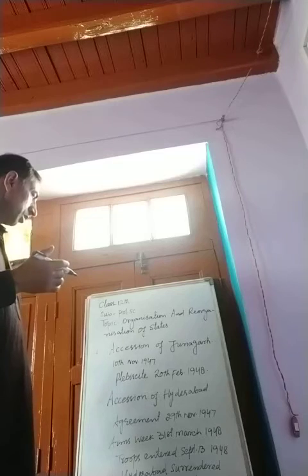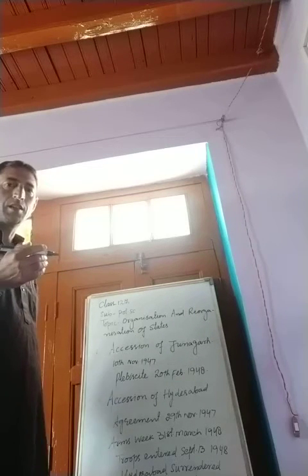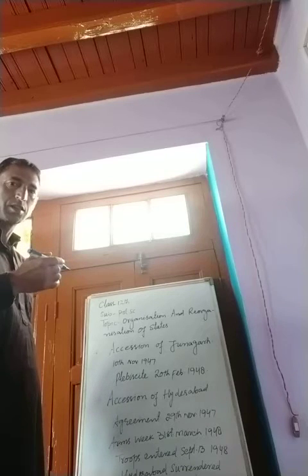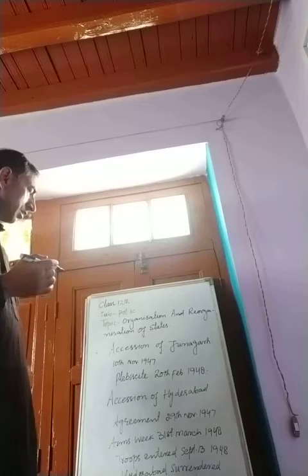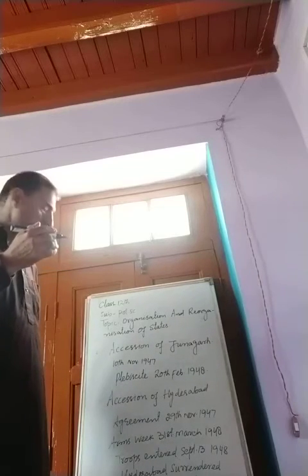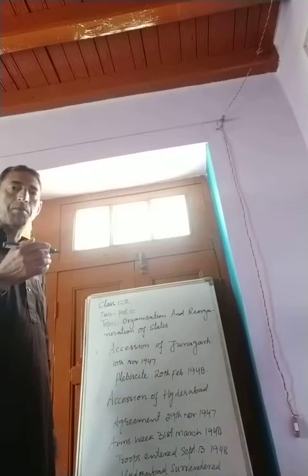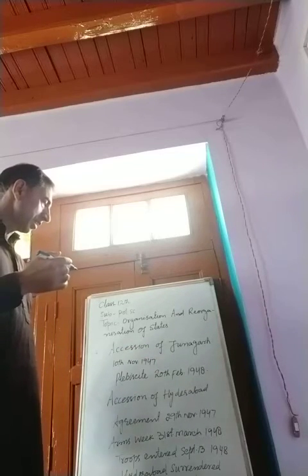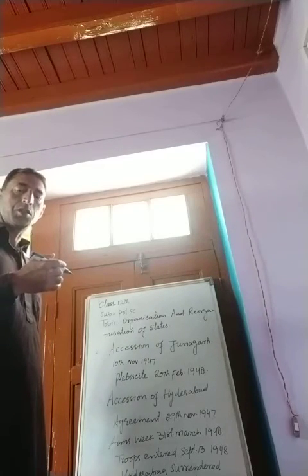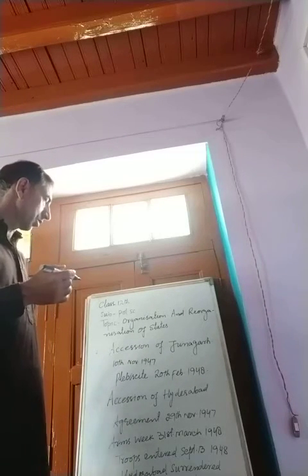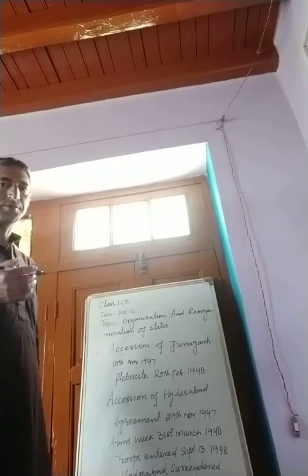So, on 10th November 1947, an agreement was signed, and on 20th February 1948, a plebiscite was held in Junagadh. The majority of the people voted in favor of India, so Junagadh became a part of India.